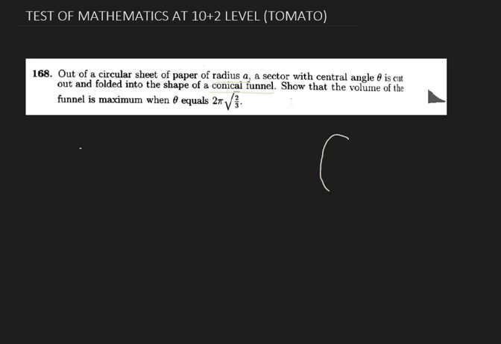Suppose this is the circular sheet with radius a, and suppose this portion with angle theta is cut out.